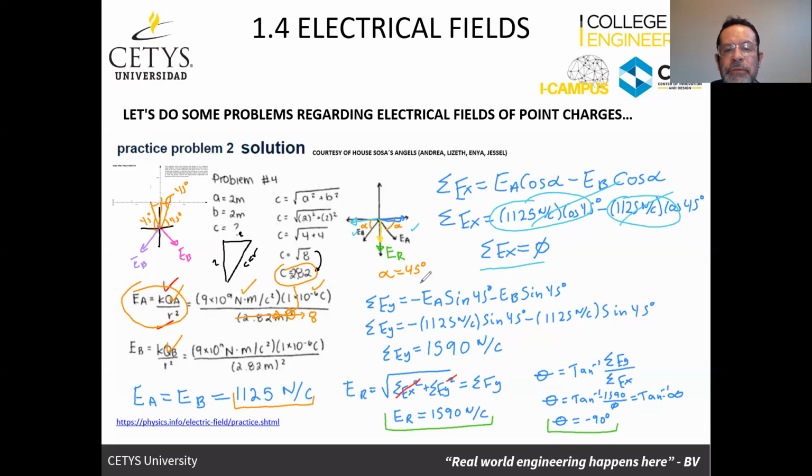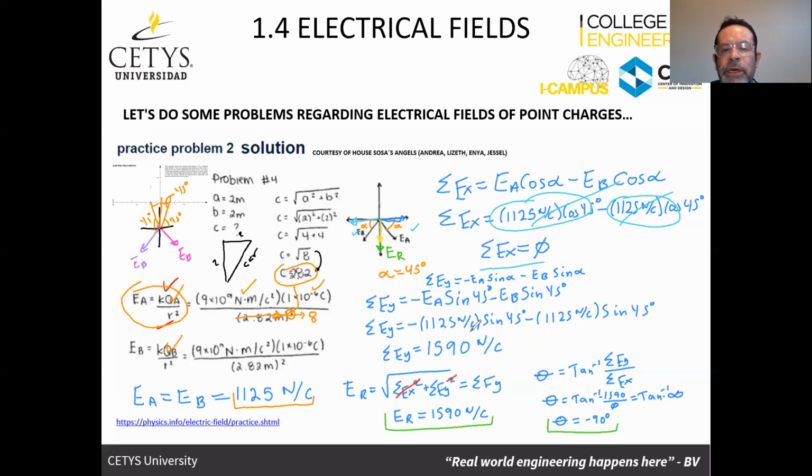And this comes from having the sum of electrical fields in Y equal to minus EA times the sine of alpha minus EB times the sine of alpha.